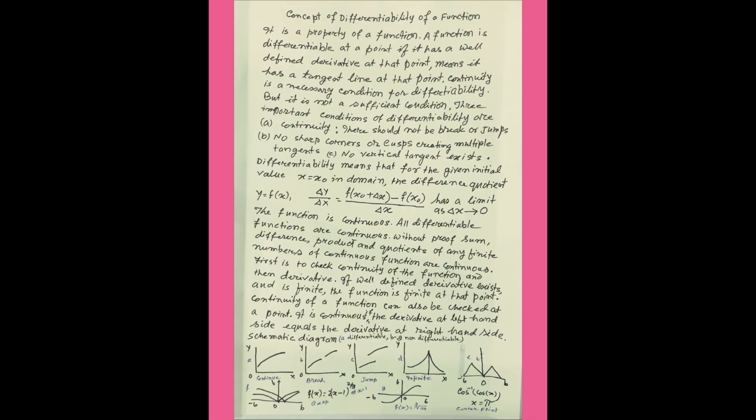It has a limit as delta x tends to 0. Suppose delta x, the change in x, is very, very small. In that case delta y by delta x may not exist. The function is continuous.